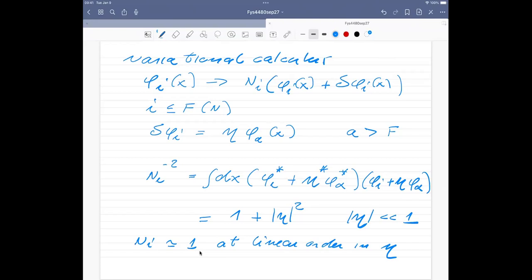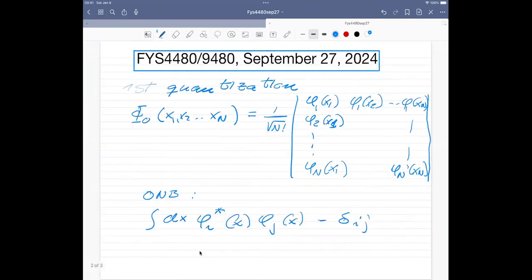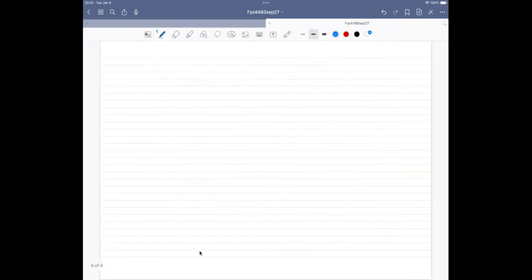So when we do these calculations now, what happens when we make these changes? So these are changes we would make on all the single particle wave functions, which we have in the definition of the Slater determinant. So that means that this Slater determinant, which we put up in the beginning here, is now going to change to a new one.